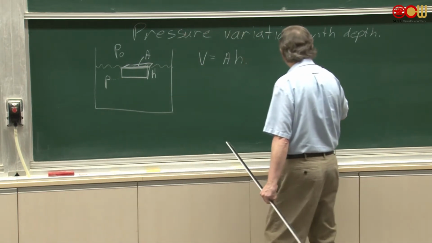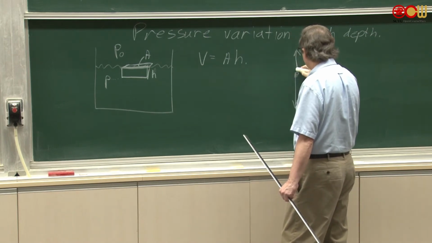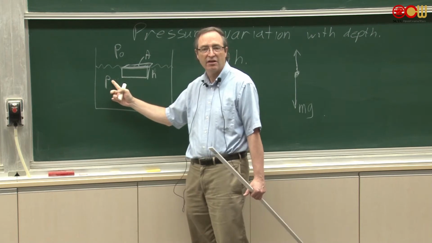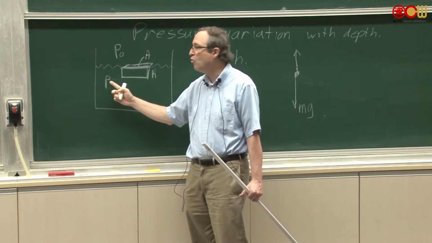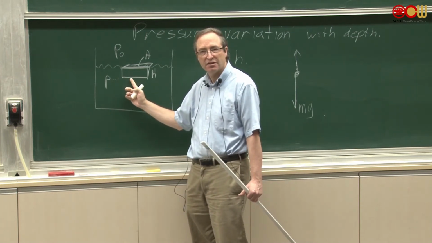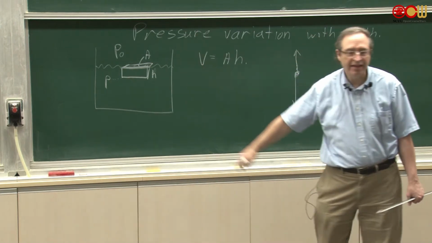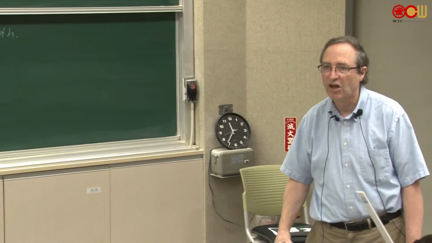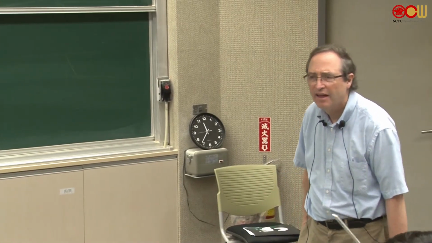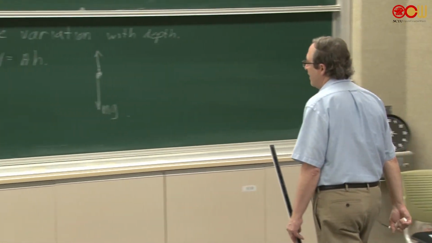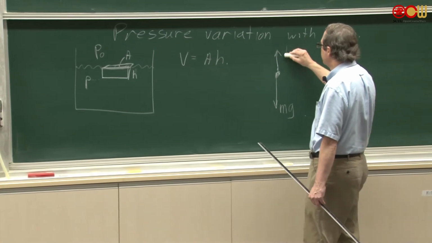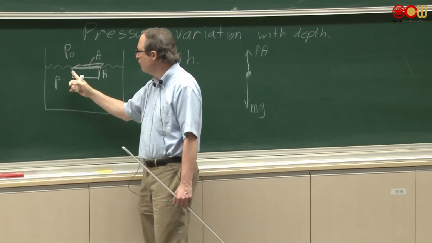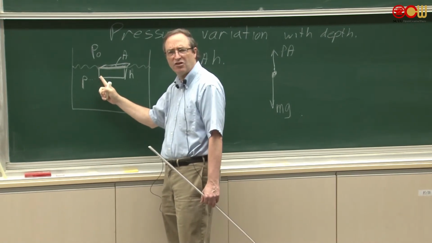Yeah, so there's a pressure up. The pressure is P here. That's what we're trying to figure out. Looking at the symbols on the diagram, what's the force going up? PA. What about the pressure on this surface? Is there a pressure here?